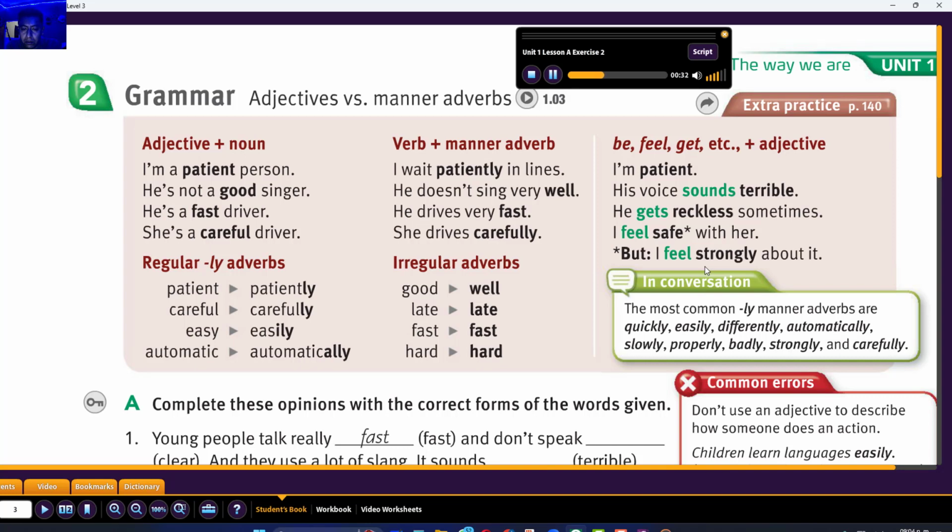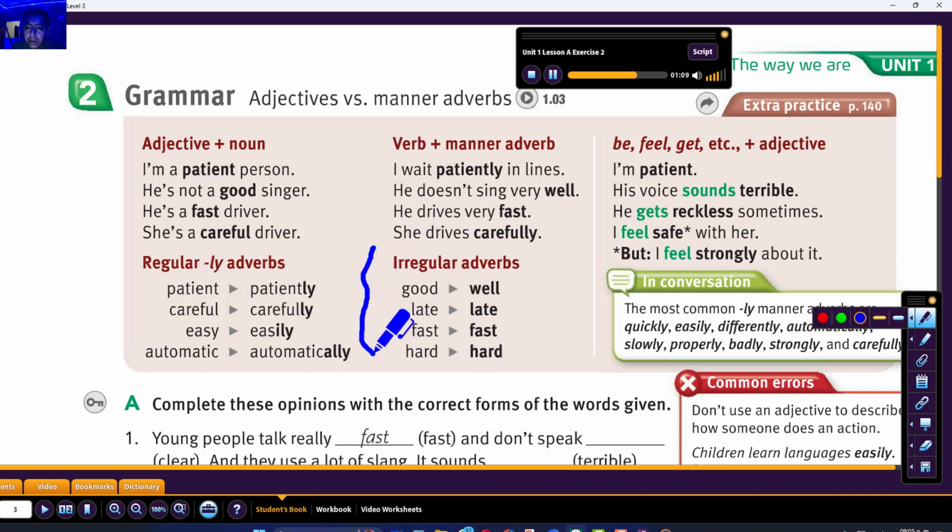He doesn't sing very well. He drives very fast. She drives carefully. Regular ly adverbs. Patient, patiently. Careful, carefully. Easy, easily. Automatic, automatically. Irregular adverbs. Good, well.